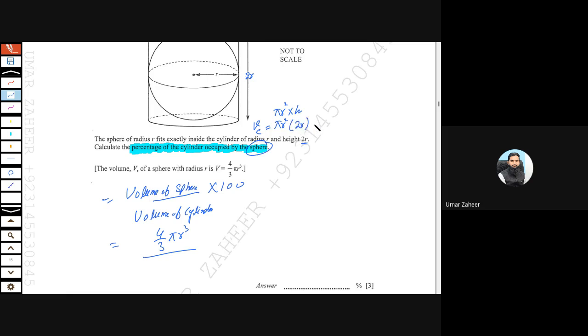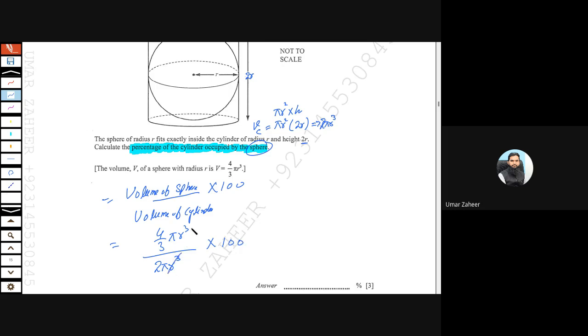All right, so that will be equal to 2 pi r cube. So divided by 2 pi r cube, that is the volume of cylinder, multiplied by 100.